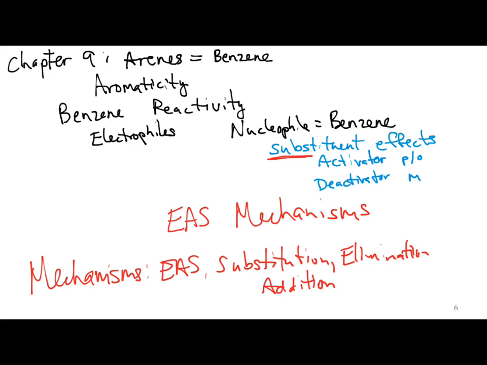And, redox. No, actually no. No mechanisms on redox. I don't expect you to know the mechanisms for redox. What's the last one? Your acid-base mechanisms. Okay? Questions about any of that? Nothing, right? Super easy.